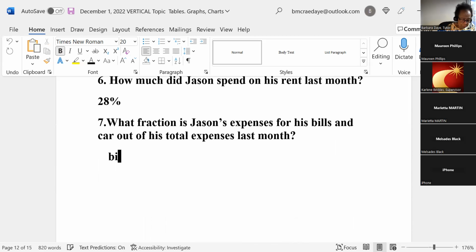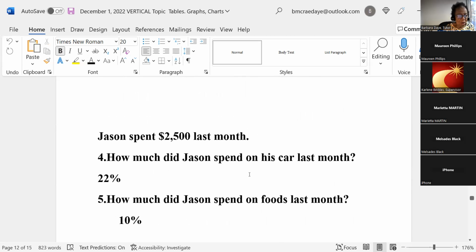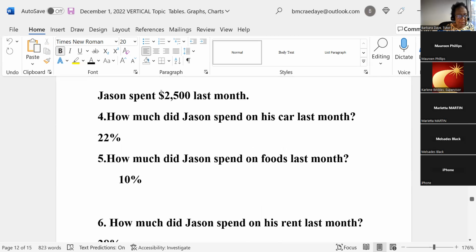Bills is 12% and car is 22%. Okay, so you have all your percents. I want you to answer 4, 5, 6, and 7, and this is based on the $2,500 total.